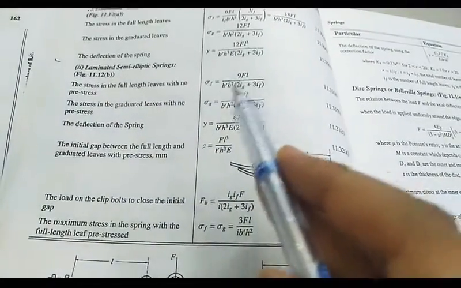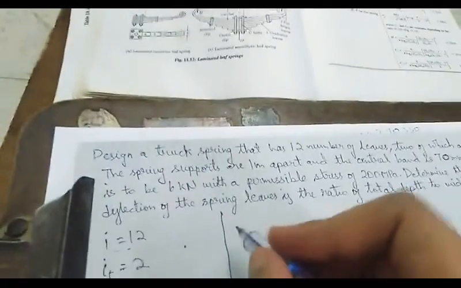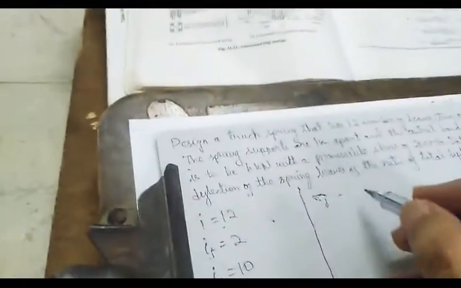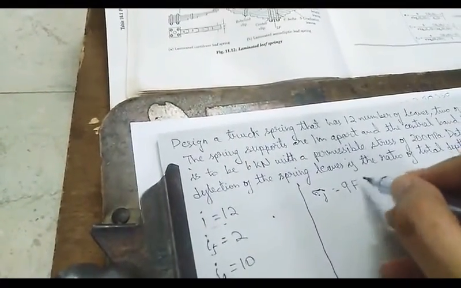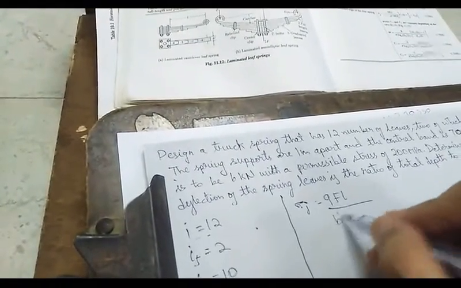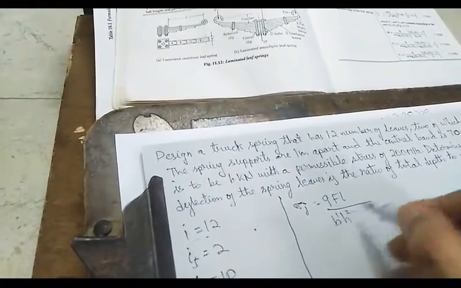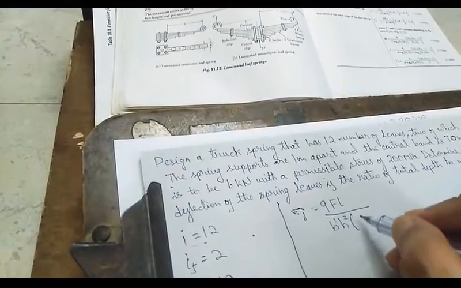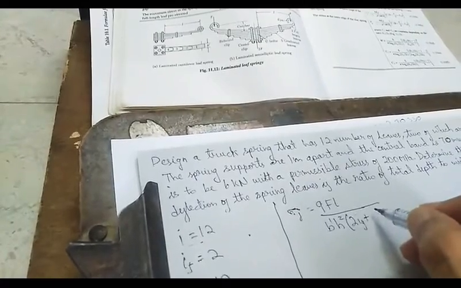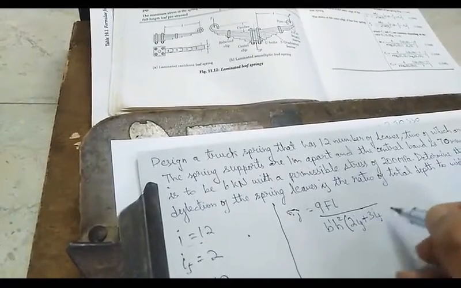We shall take this equation: sigma F is equal to 9FL by B dash H square into 2iG plus 3iF.